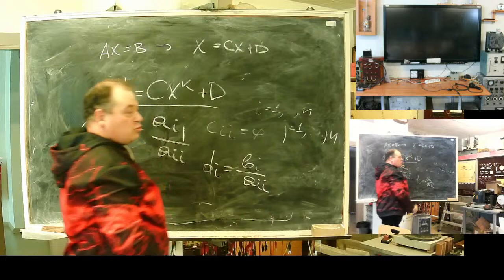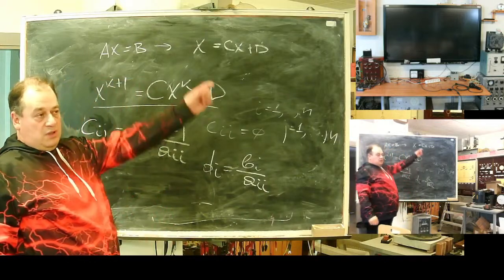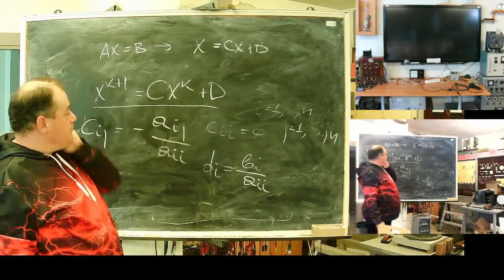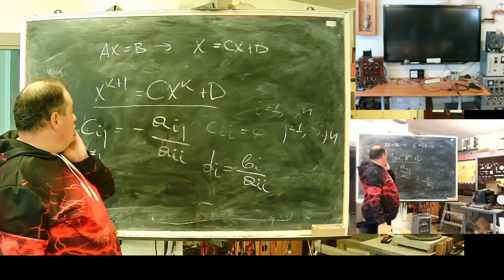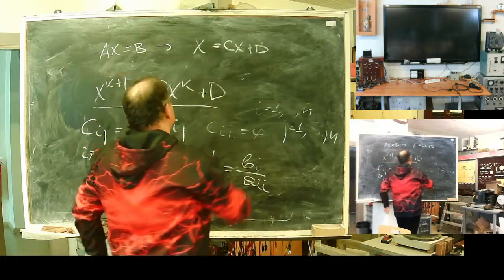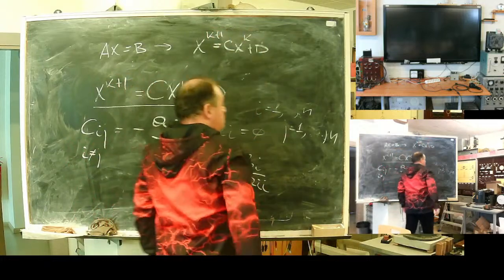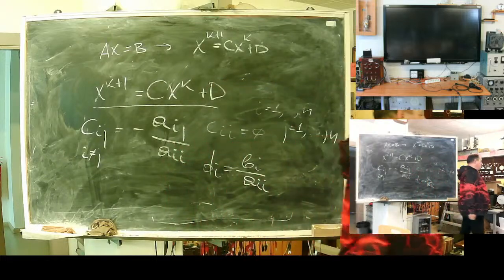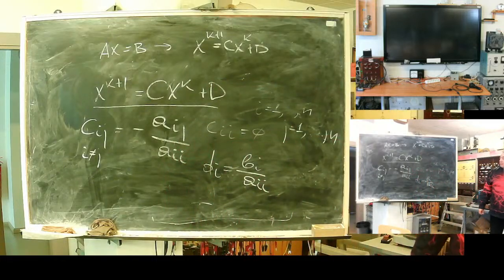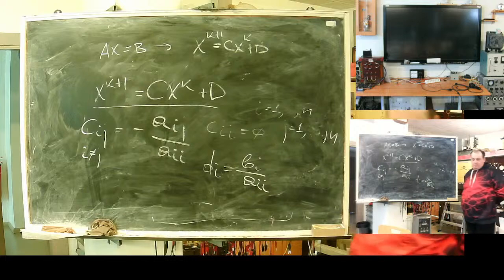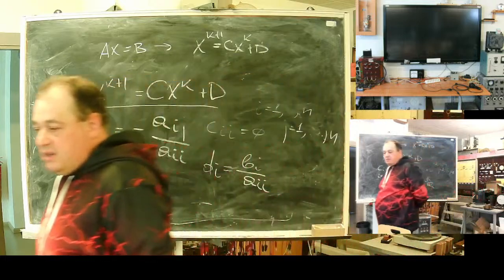He just took out one unknown in each row, just mark next, previous, and you have an iterative form. Easy trick, but will it work? And here is the problem. It may work and may not.